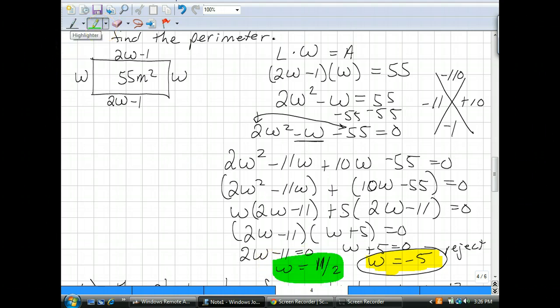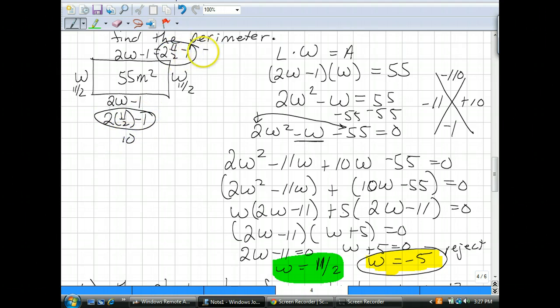So the question is, find the perimeter. So the perimeter is the distance around. So I have 11 halves here, 11 halves here. This is 2 times 11 halves minus 1, and this is 2 times 11 halves minus 1. So this adds up to 10.